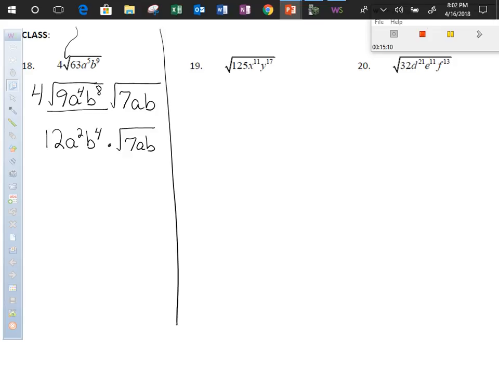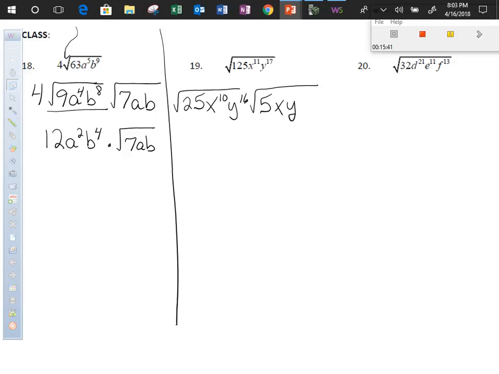Here's my number 19. Since I don't know the square root of 125, that's my cue that I'm going to need 2 radicals. A number that you know the square root of that goes into 125 would be 25 times 5. I need an x to the 10th and an x, and a y to the 16th, which leaves me 1 y left over.